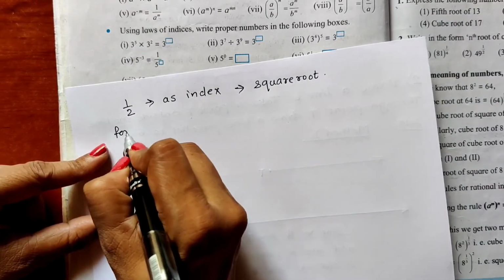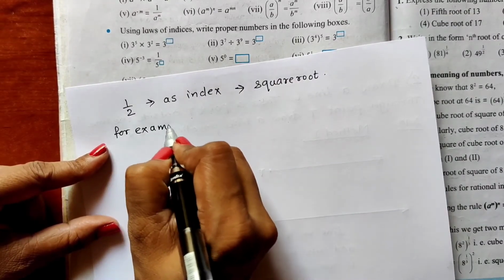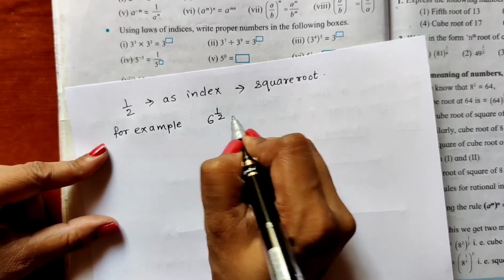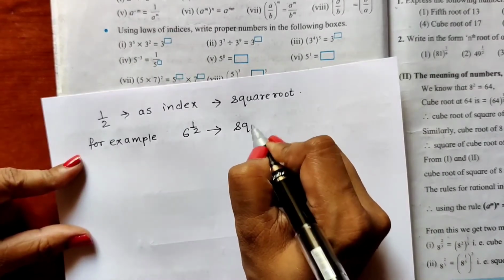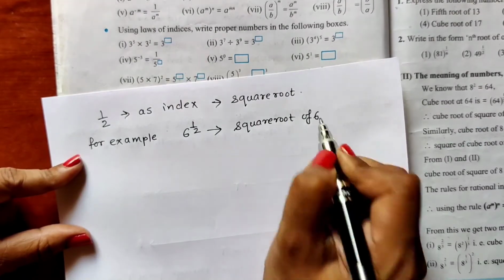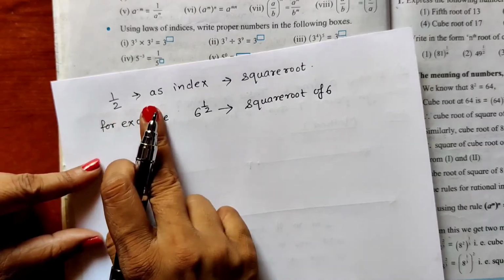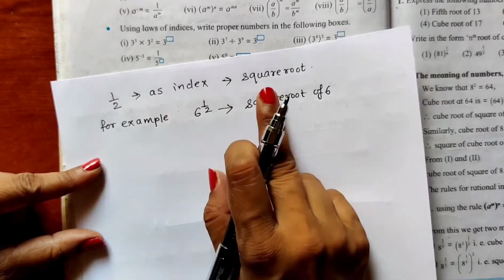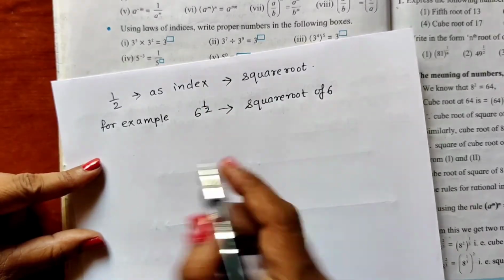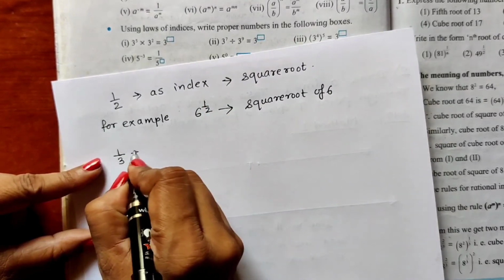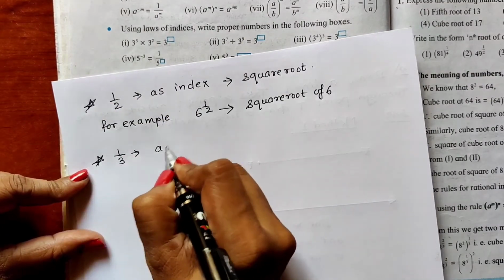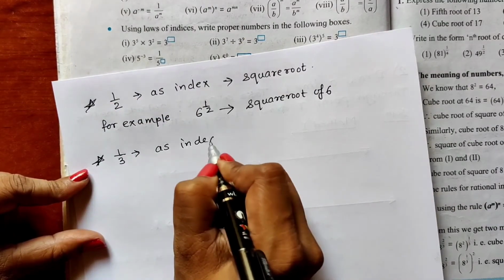For example, 6 raised to 1 upon 2 means square root of 6. So when 1 upon 2 is written as the index, it means square root. When 1 upon 3 is written as index, it means what?